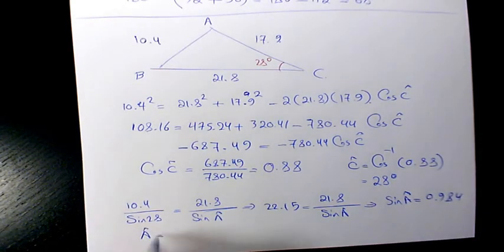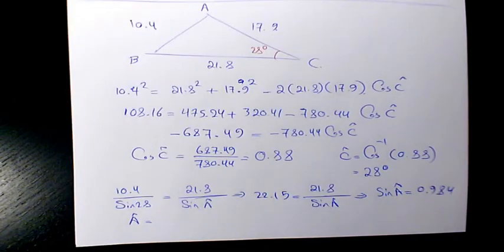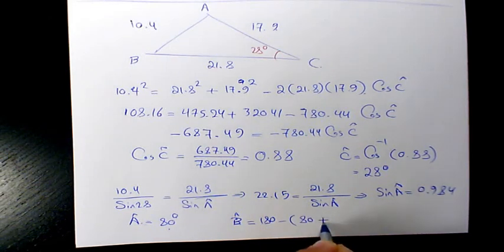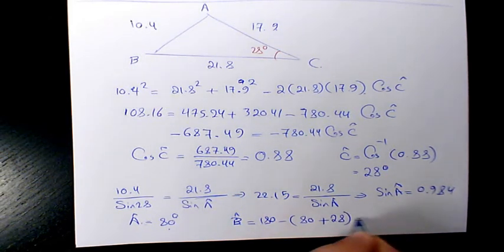So A will be the sine inverse of 0.984, which is going to be 80 degrees. So now we have A, we know C, B is going to be 180 minus 80 plus 28. So 180 minus 108 is going to be 72 degrees.